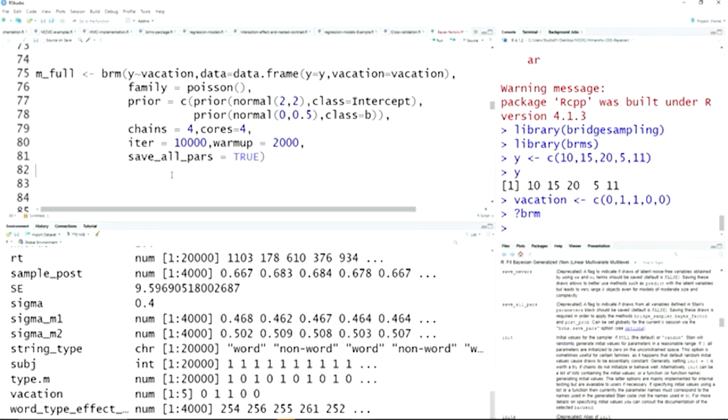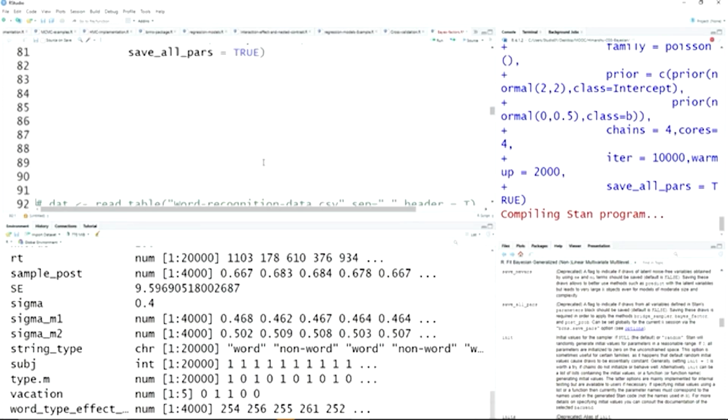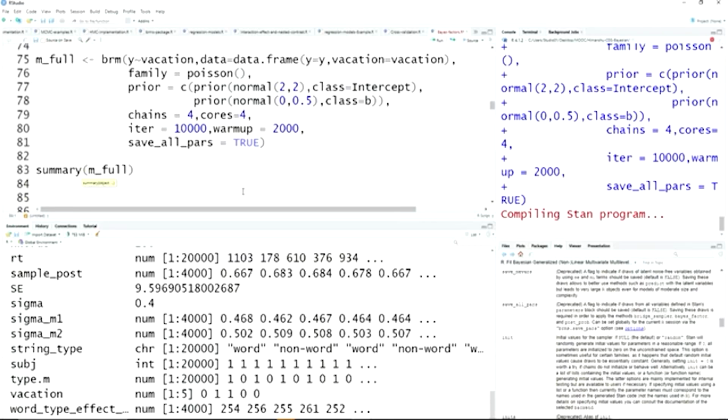So let us fit this model. It will take a little bit of time, but not too much.